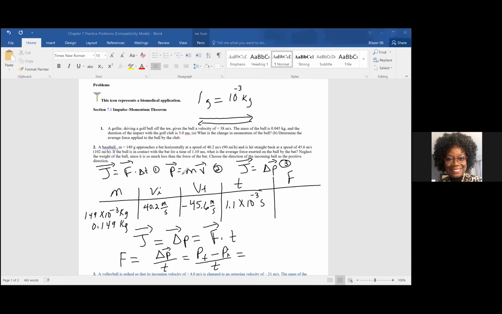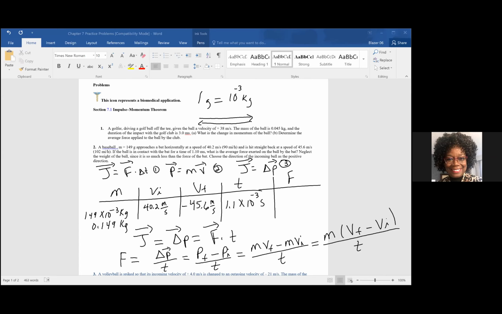Now, remember, momentum is mass times velocity. So I have mass times velocity final minus mass times velocity initial divided by time. Now, this mass is a common quantity in these two terms. So I'm going to factor it out. So I have mass, velocity final, minus velocity initial, and that is over time.